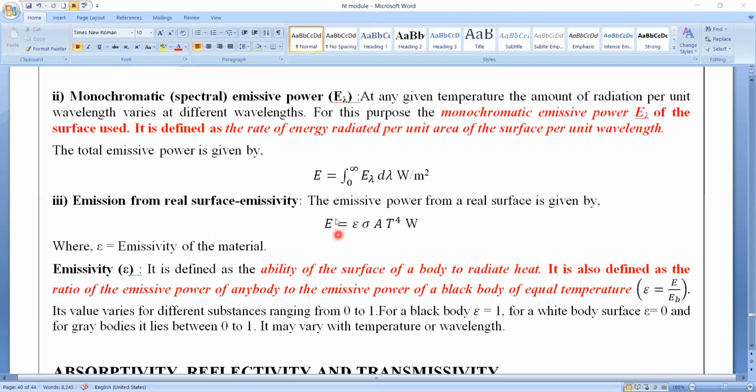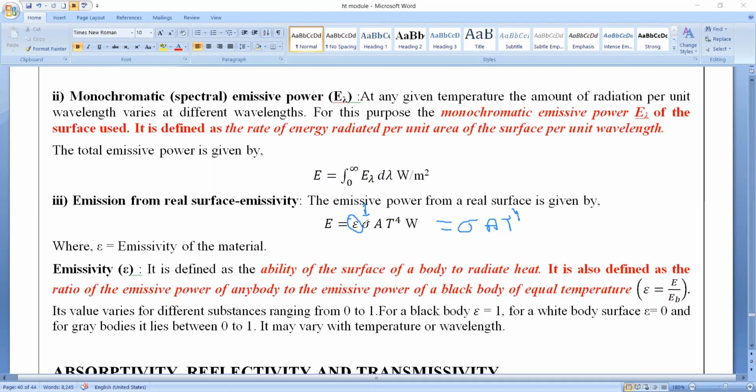So this is the emission from a real surface. Now, if you take epsilon equals 1 in this equation, then I can write E equals sigma A T to the power 4. This is applicable for a black body.